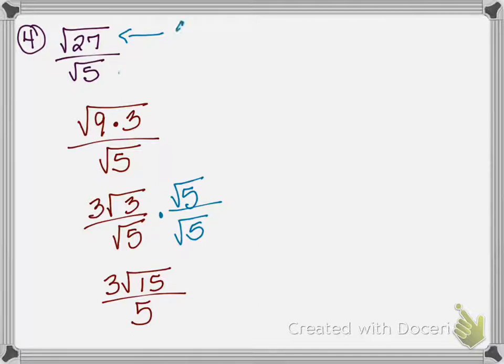You are simplifying. So the square root of 27 becomes the square root of 9 times 3, which is then 3 times the square root of 3. So that's the first thing that you're doing.